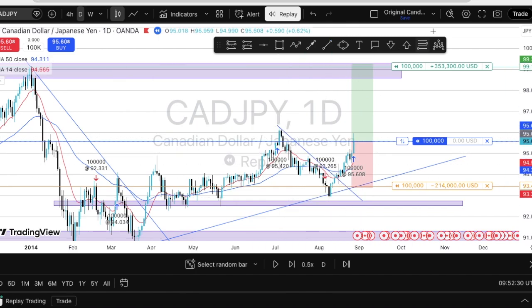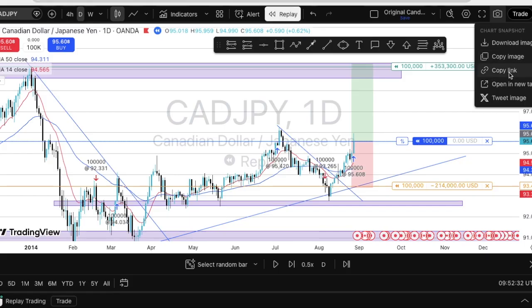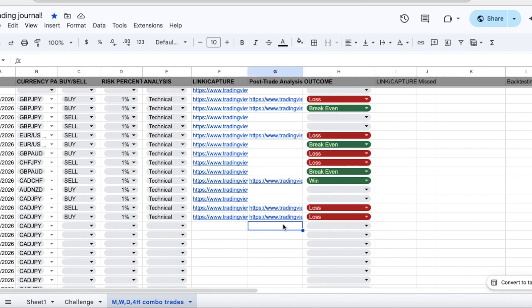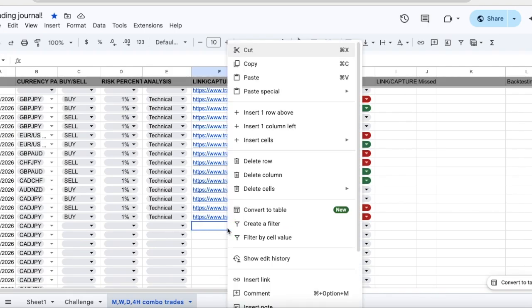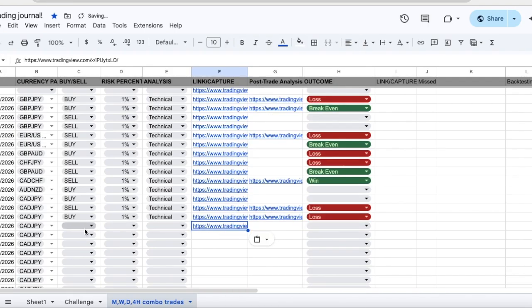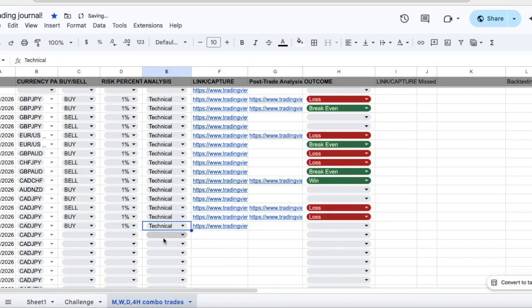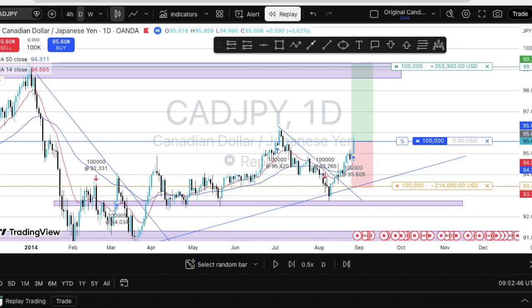Trend line break, everything is up, everything is bullish. Let's go. That's going to be in for a buy. Base, buy 1%. Technical, yes. Okay, see what happens again.